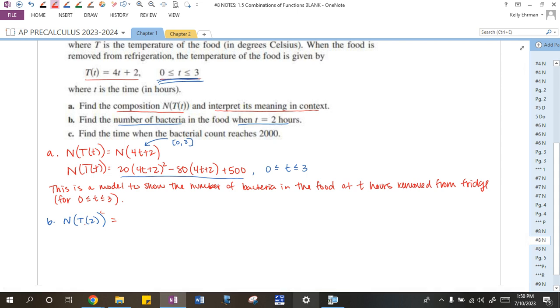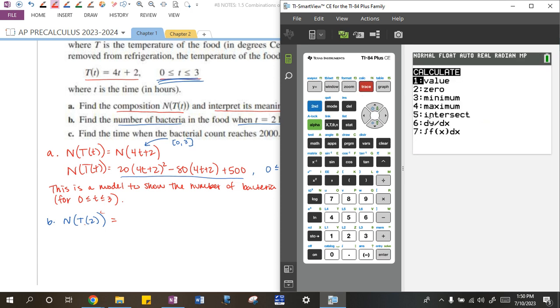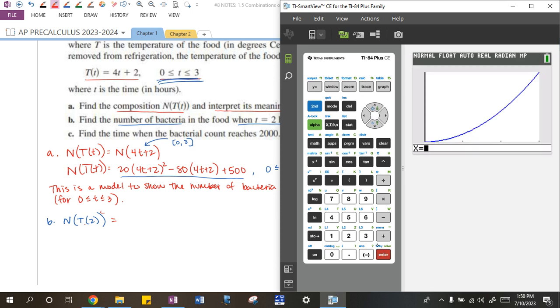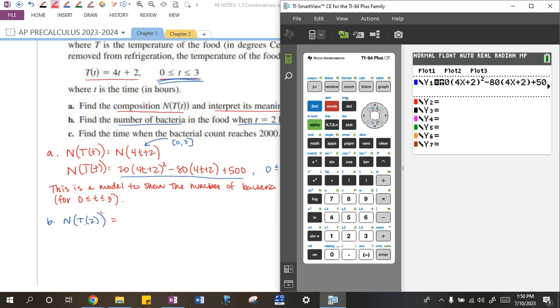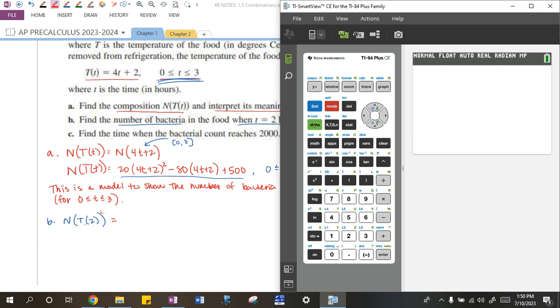So when t equals 2, we could say second trace, find the value at 2, right? 1700. Or on our home screen, we've got the equation in y1, so we didn't have to graph it. We could say alpha trace, y1 of 2, and it finds it on my home screen too.